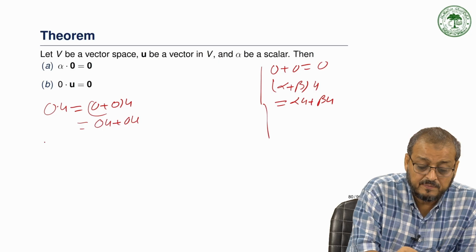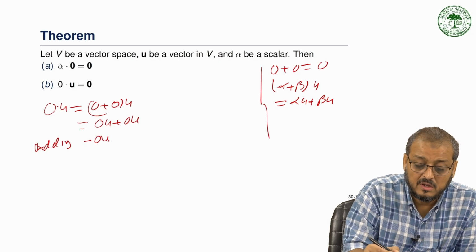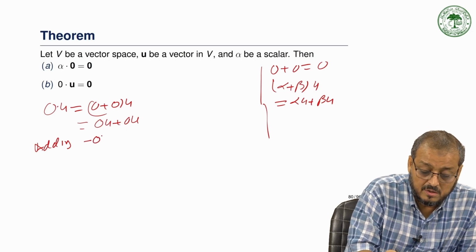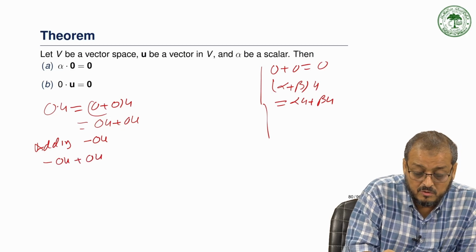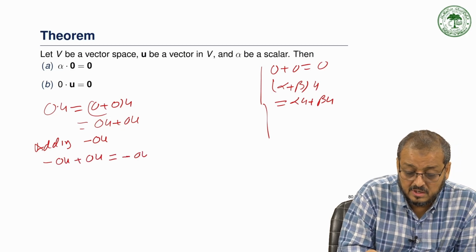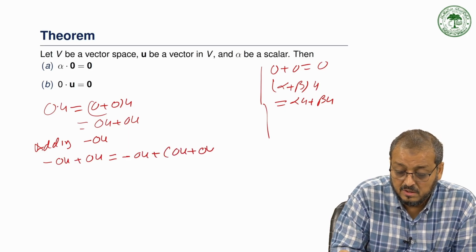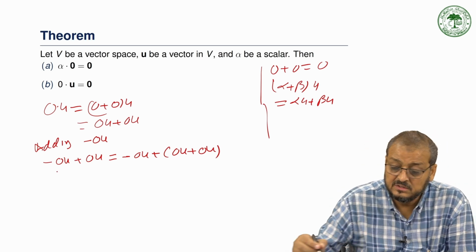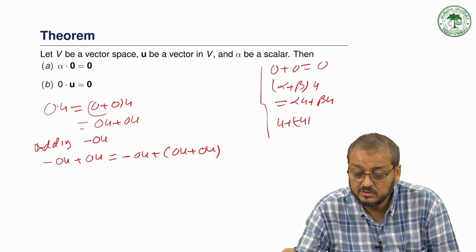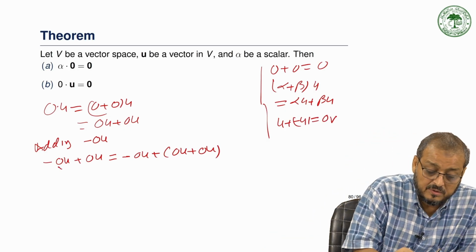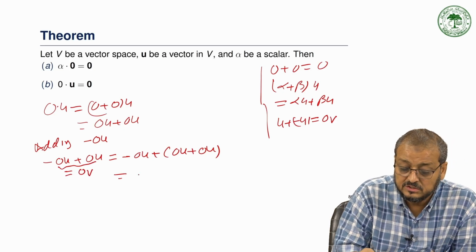So, we add minus 0 times U to both sides. So, this is minus 0 times U plus 0 times U is equal to minus 0 times U plus 0 times U plus 0 times U. Now, again by the property that U plus minus U is equal to 0 of V, this gives you 0 of V, and now we use the associativity condition.